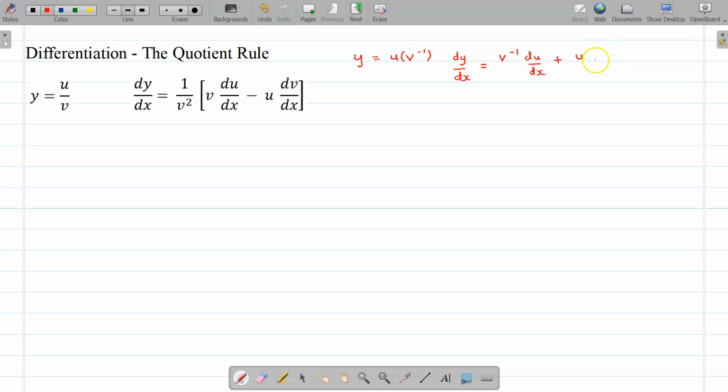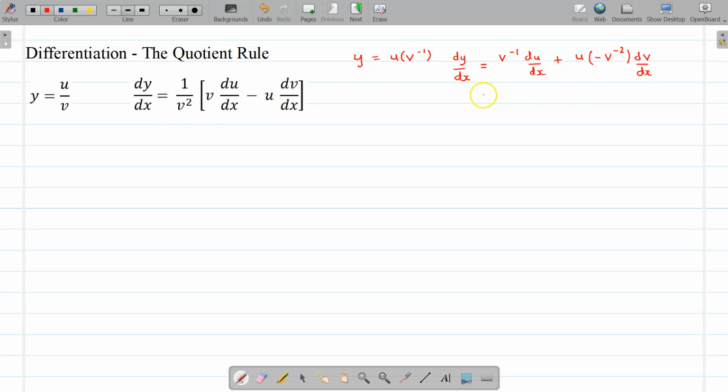Now, if you differentiate a function to the power of minus 1, it becomes minus 1 times that function to the power of minus 2 by the chain rule, multiplied by its derivative, which is dv by dx. So I've just applied the chain rule to work out the derivative of the function v to the power minus 1. Now I'm going to show you that this can be converted into the quotient rule fairly quickly from here.